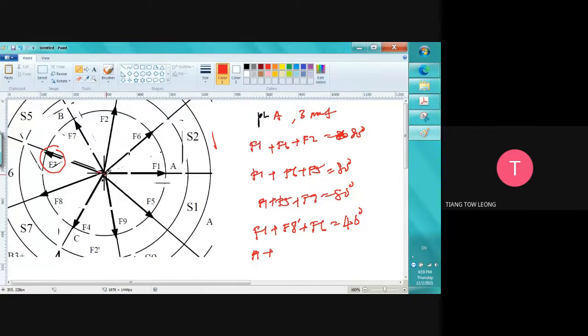So I reverse F3, so it becomes F3 prime, whereby F1 plus F3 prime plus F5, which is 40 degree. This is another possibility, and then this will no longer be available because we already changed the polarity there.